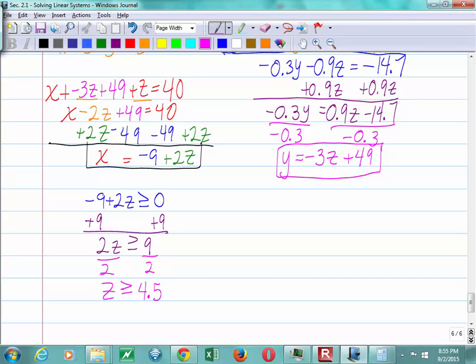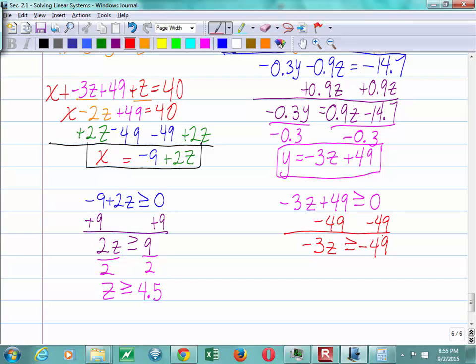Okay, and let's do the same thing with y. So negative 3z plus 49 must be greater than or equal to 0. Okay, so let's subtract 49 from both sides. So negative 3z is greater than or equal to negative 49.